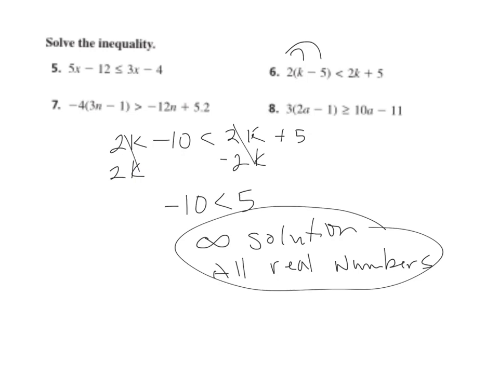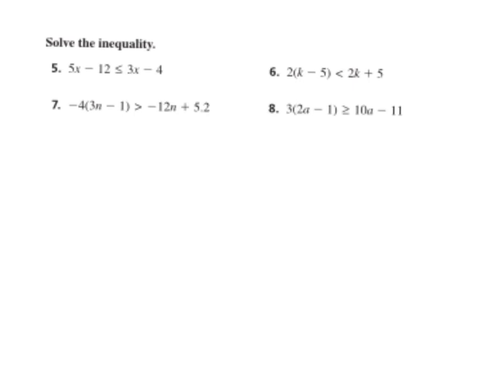Let's take a peek at number 7. On number 7, I'm going to distribute as I write it down. So 4 times 3n is negative 12n. Negative 4 times negative 1 is positive 4. Is greater than negative 12n plus 5.2. Alright, so now to get my variables on the same side, I'm going to add 12n.